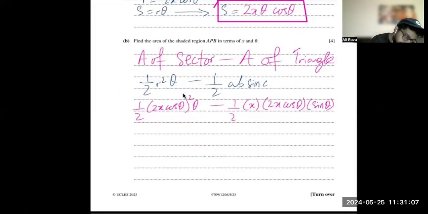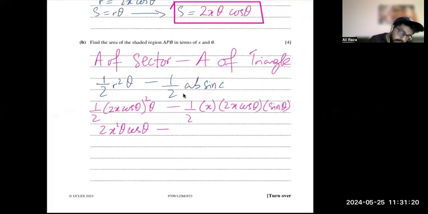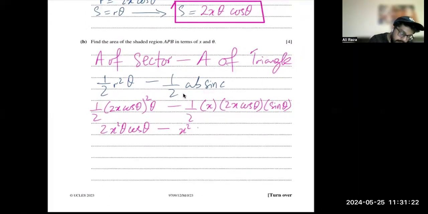When we simplify this, we'll get 4x square cos theta upon 2. So we can simplify it to 2x square theta cos theta minus x square cos theta sine theta.